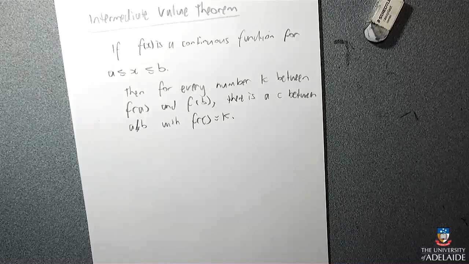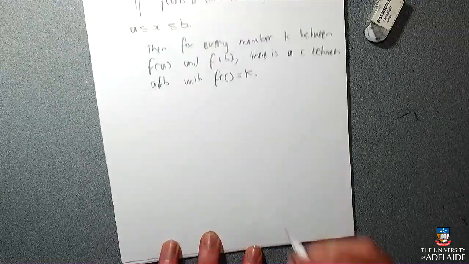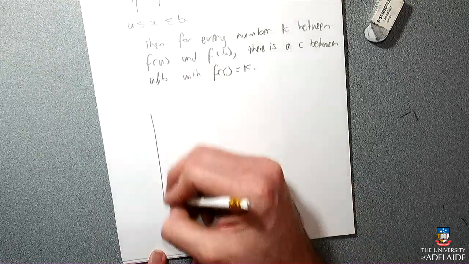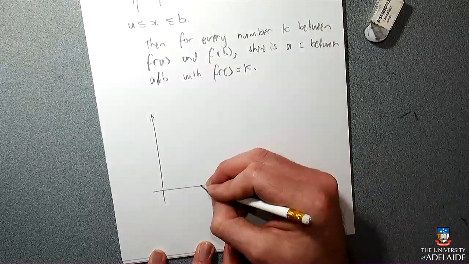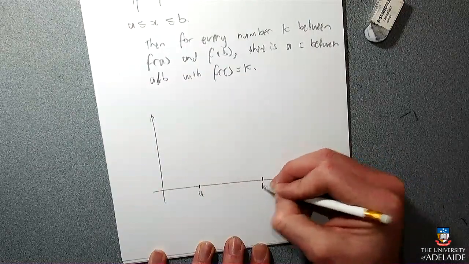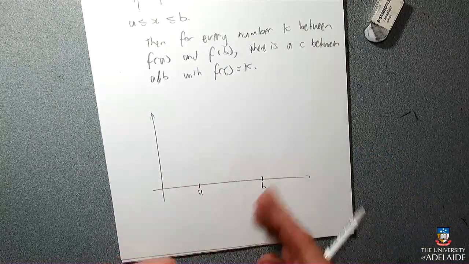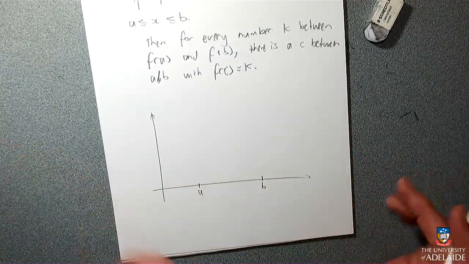So when I say it aloud, I don't normally say all of that. I say that if you have a continuous function and it passes through two numbers, it has to pass through every number in between. So the idea goes that if your function is defined everywhere between here and here, it's allowed to be defined outside of this.